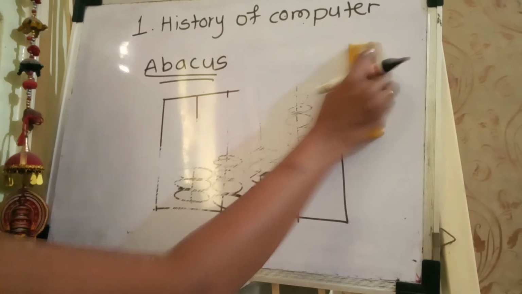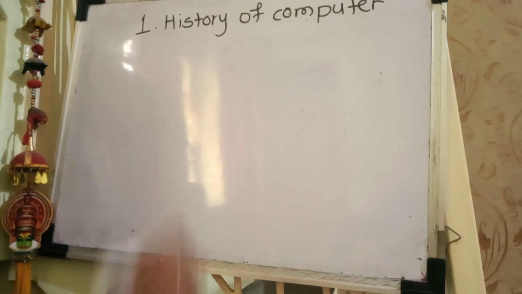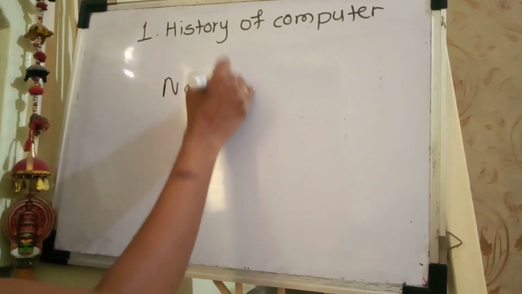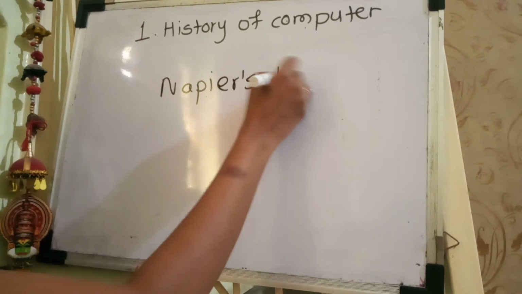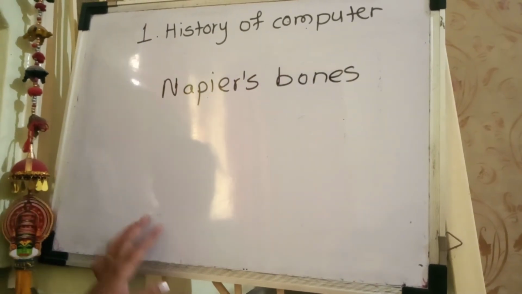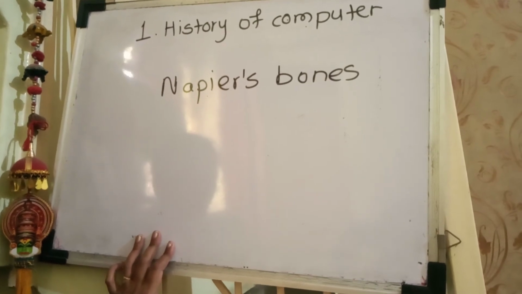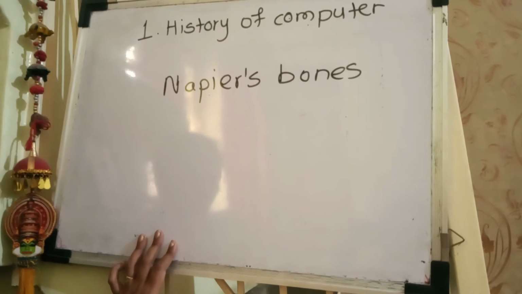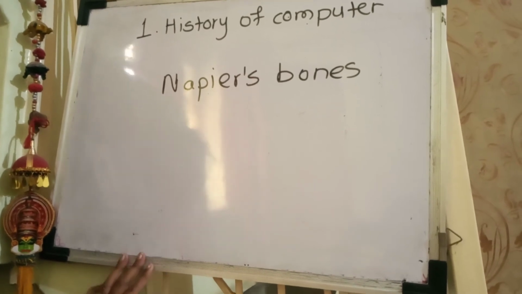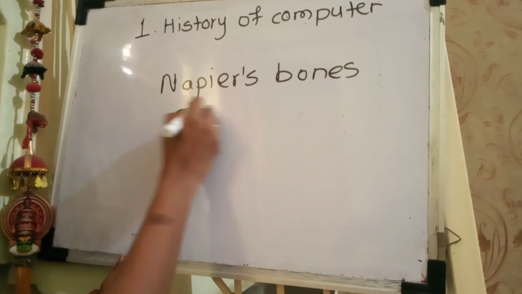After the abacus, Napier's bones. Napier's bones was invented by John Napier. The device consists of rods made of bones, ivory or metal with numbers written on them. It was used for multiplication and division.